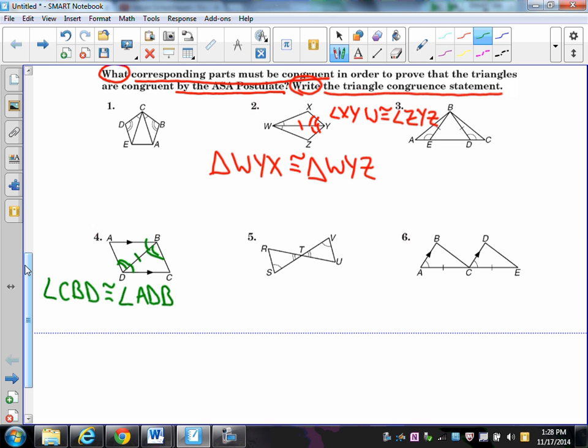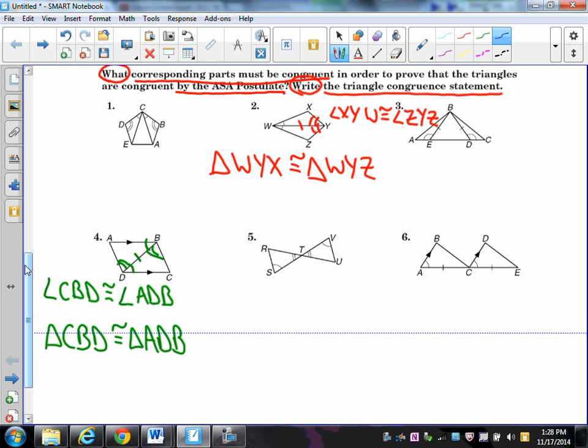And our triangle congruence would be triangle CBD is congruent to triangle ADB. So if you're very careful about the letters with the angles, you can just change that angle into triangle and you have your triangle congruence like we talked about in the last lesson.